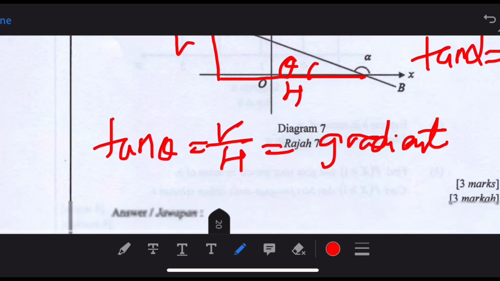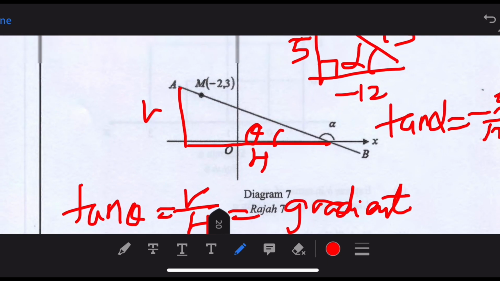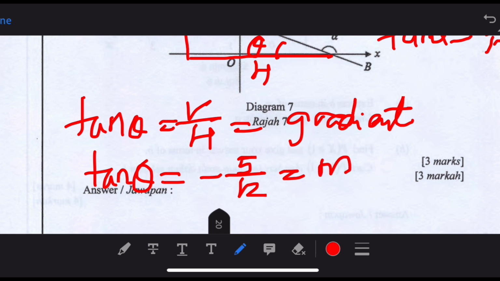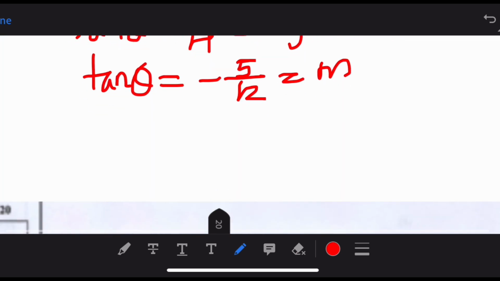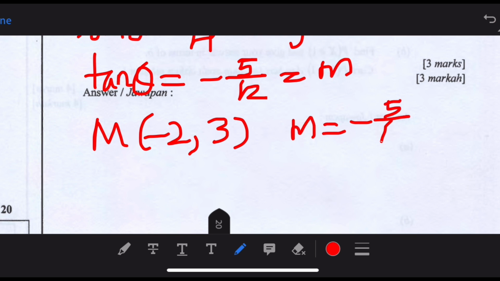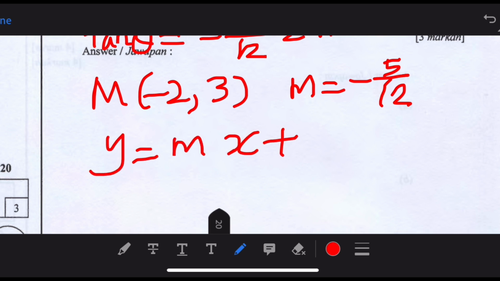So first of all, you write the value of tangent, which is negative 5/12, and then you relate the tangent value to the gradient of a straight line. In short, the tangent value is the gradient for a straight line. Then you simplify and write y equal to mx plus c, right? And then you solve for c and rewrite your equation.